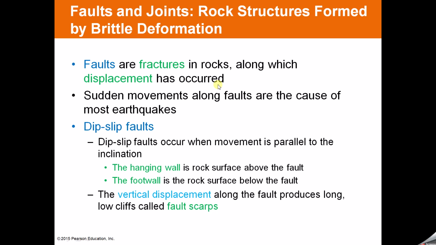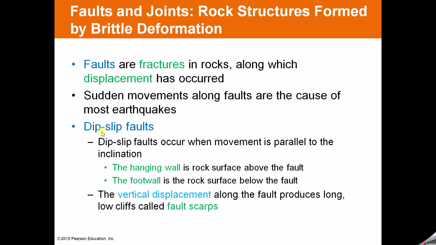So to say there's a fault, we have to have two things, fracture and displacement along that fracture. So layers moved up or down along that fracture. If there is no displacement, we call it just a fracture. Okay? And earthquakes happen along these faults because of their sudden movements, just energy released along these fault lines.